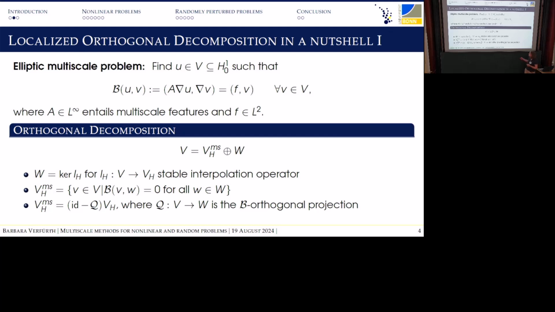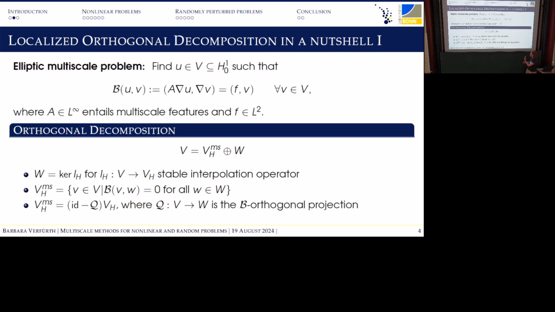We first fix the so-called fine scale space W. You've seen such an idea as well already, namely as the kernel of some interpolation operator. It could be the L2 projection, but can be also some other stable interpolation operator, IH mapping from H10 into a coarse finite element space on the coarse scale H.